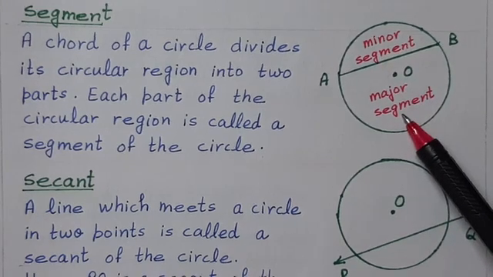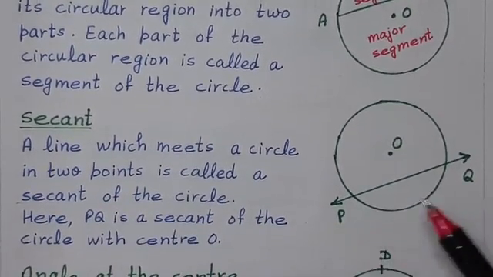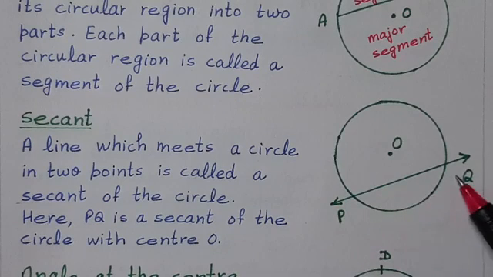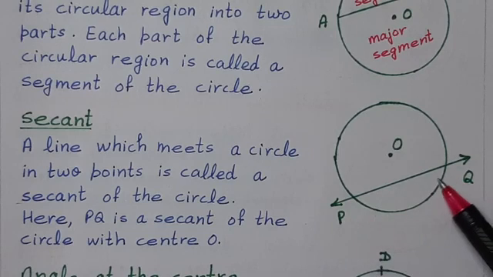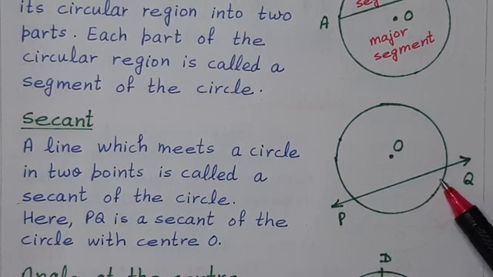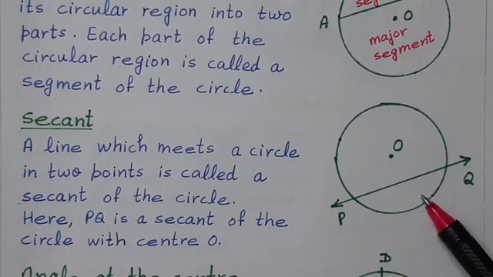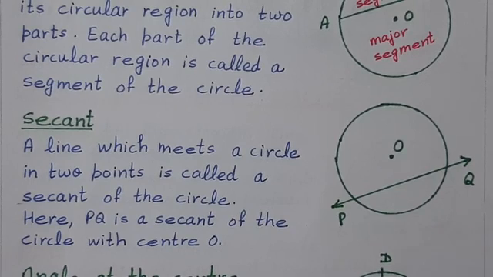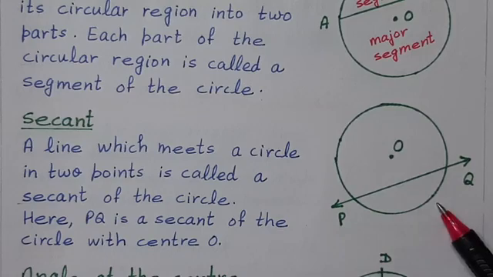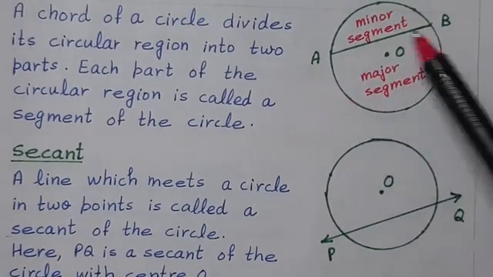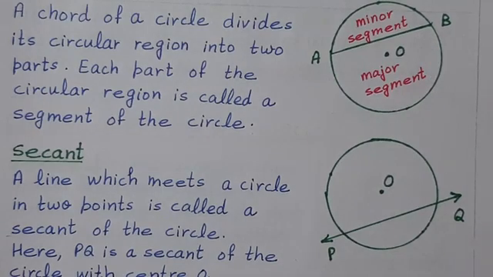Clear? Now next is secant. A line which meets a circle in 2 different points is called a secant of a circle. Here PQ is a secant of the circle with center O. Students, remember here PQ is not a chord. It is a secant. But here AB is the chord. Clear?